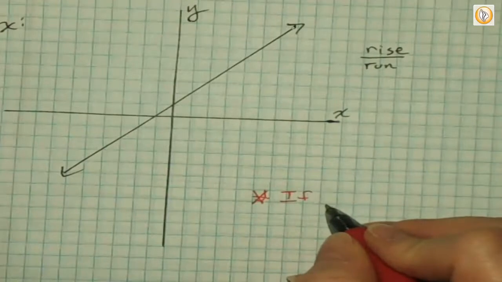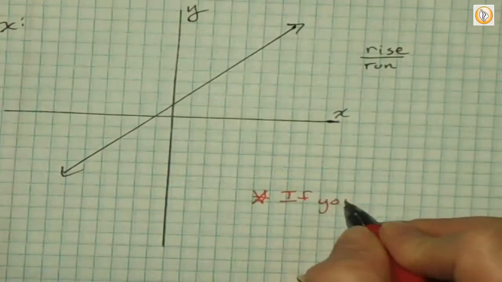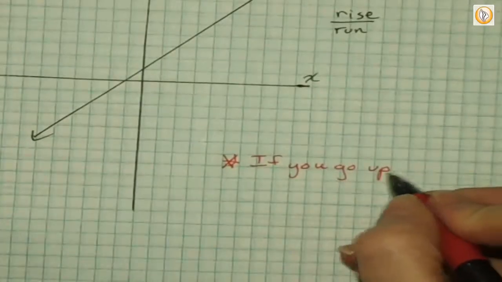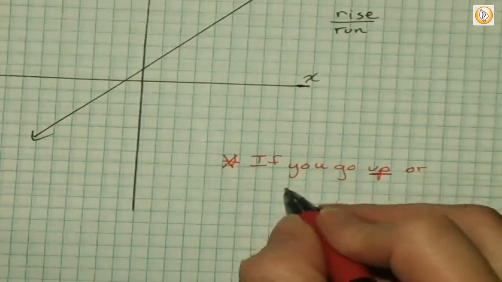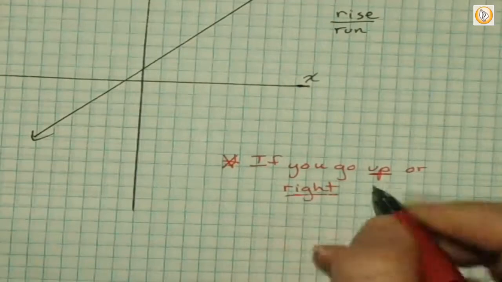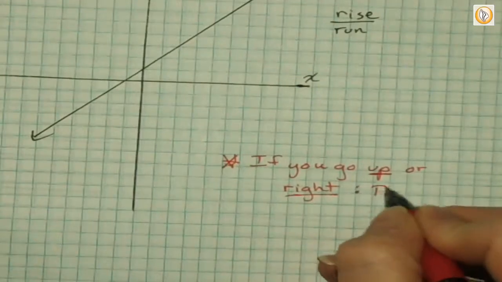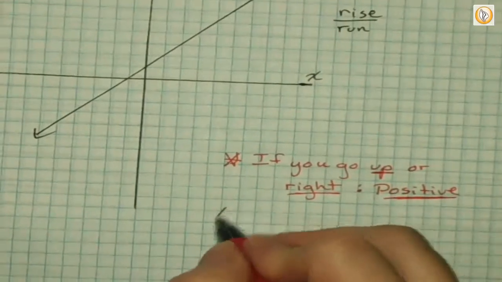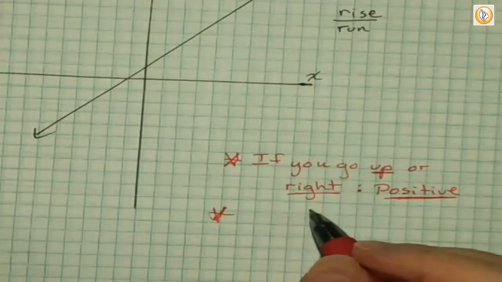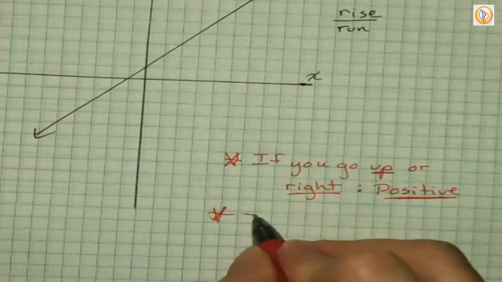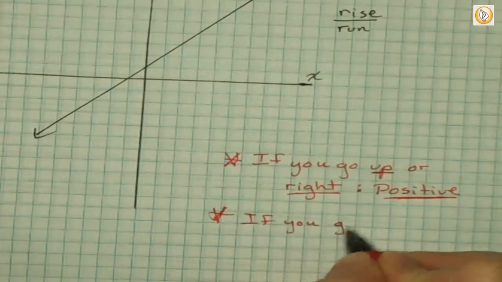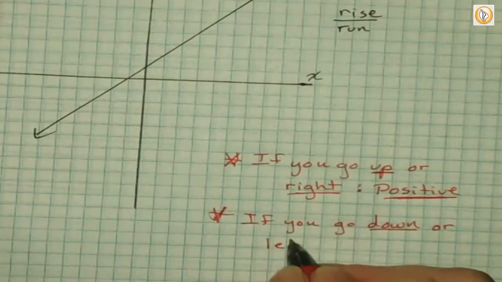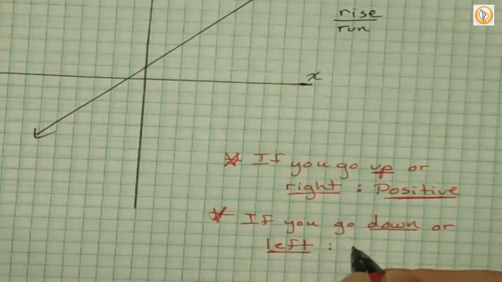Something that's very important that you need to write in your notes. If you go up or right, it's positive. So up or right? If you go up, it's positive. If you go right, it's positive. If you go down or left, it's negative.